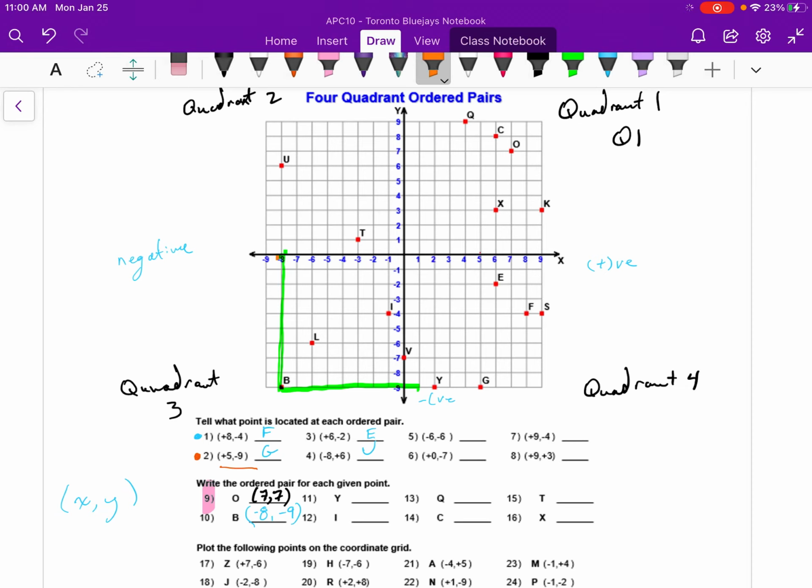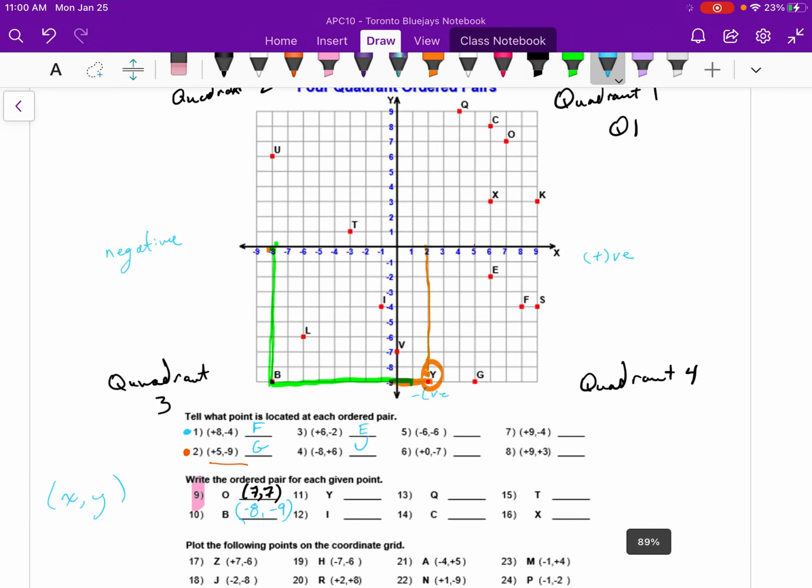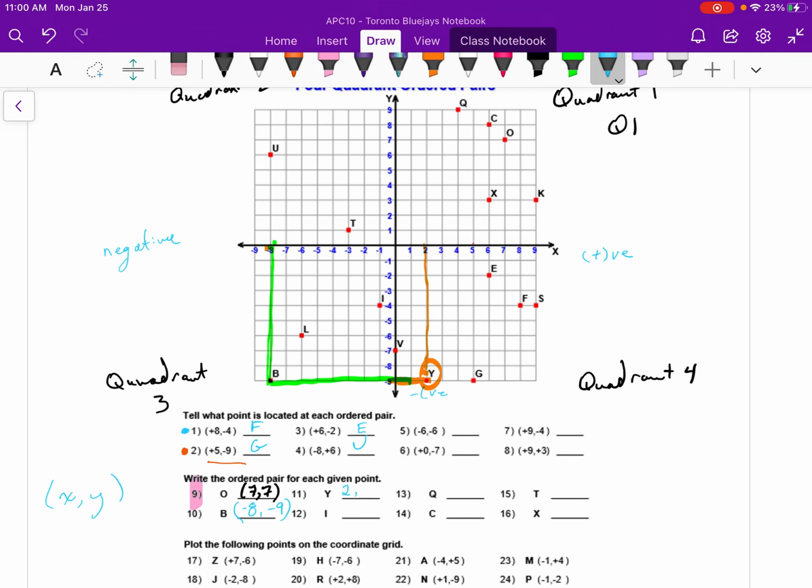Next, Y. So I have to find where Y is. Oh, here's Y. So Y, I look up and compare it to the x and y axis. So Y will have coordinates (2, -9). Last but not least, I think 4 examples for this is plenty.